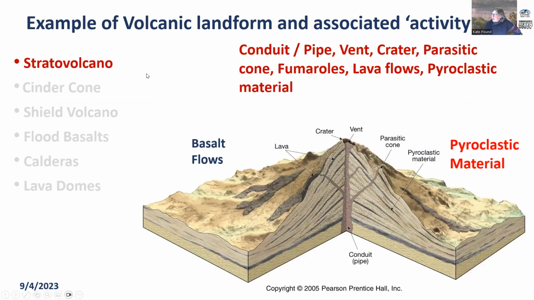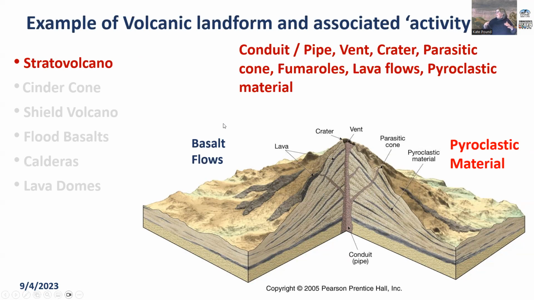So first of all, I want to start out with the classic stratovolcano. This is your sort of Mount Fuji style steep-sided volcano. And there's all these components. But what's important here is, why do they make these perfect steep-sided volcanoes? Well, that's because they are a mixture of pyroclastic material, that's the fragmented stuff, and layers of basalt flows.